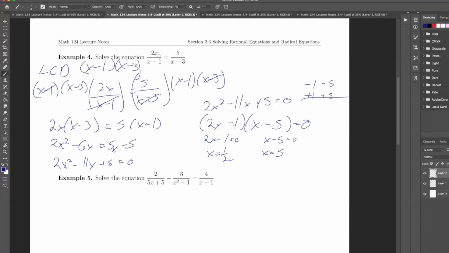Here, if we check the half real quick, 2 times a half gives me a half, right? Or it gives me 1 up top. A half minus 1 gives me -1, or minus a half. And so here I get -1. Here I have 5. Here, if I have a half here, I'll get -2.5. 5 over -2.5 is, hold on, if I get a 1 up top and a half down below, I get -2.